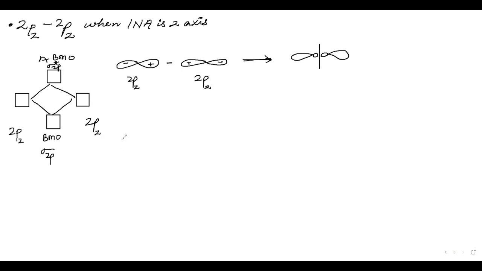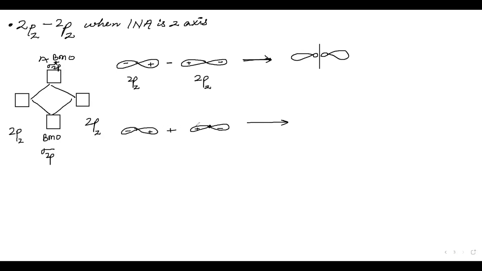Now we are going to make 2pz for the bonding BMO. I will add these two: positive, positive, negative, negative. Now electron density will increase in between the nuclei. This is the nucleus.